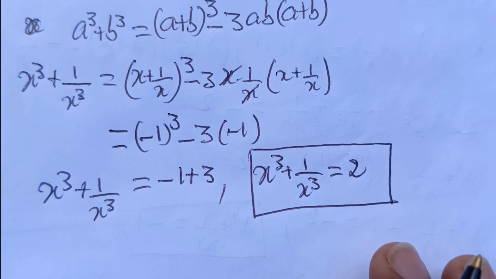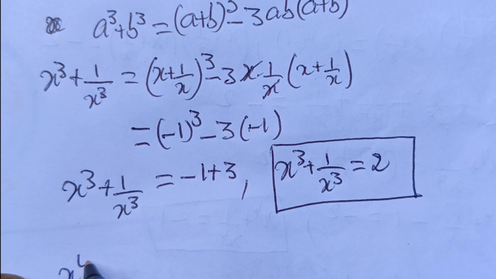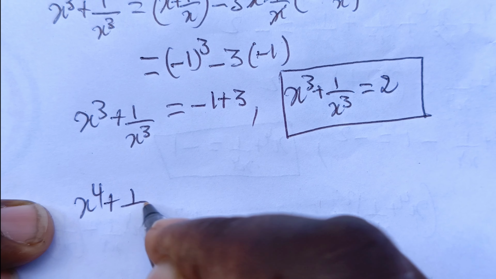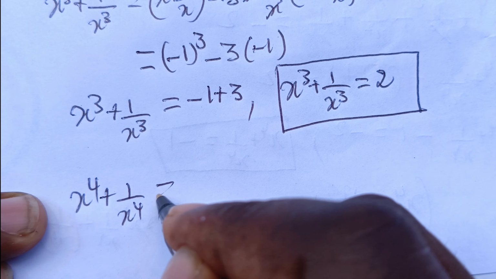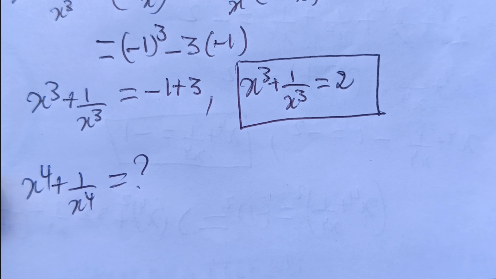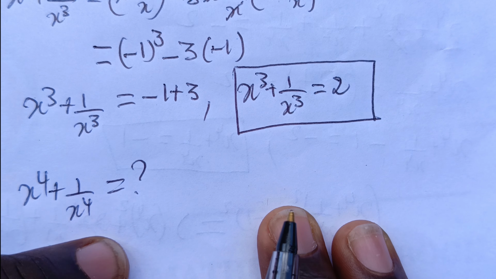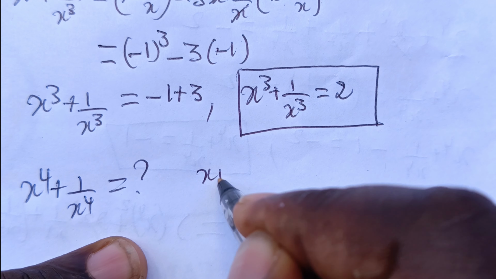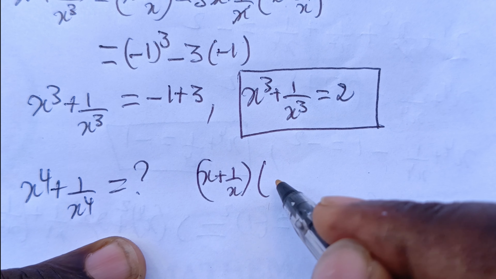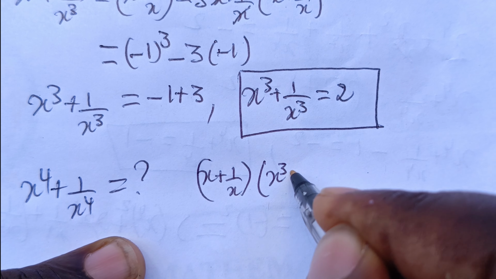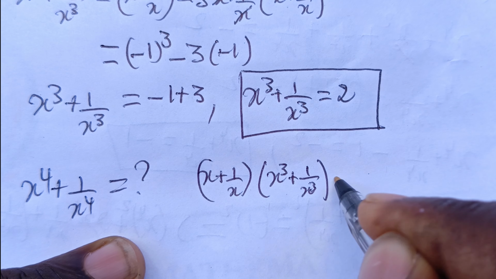Now, what is going to be x to the power 4 plus 1 over x to the power 4, guys? What is this? As you see, this will be seen by taking x plus 1 over x times x to the power 3 plus 1 over x to the power 3.